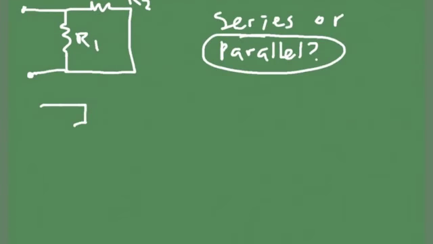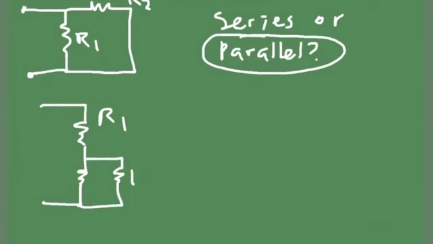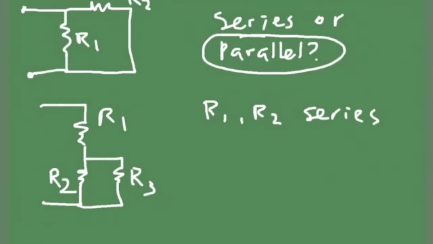Another one. R1, R2, R3. And the question is R1 and R2, series or parallel? And also let's consider R2 and R3.